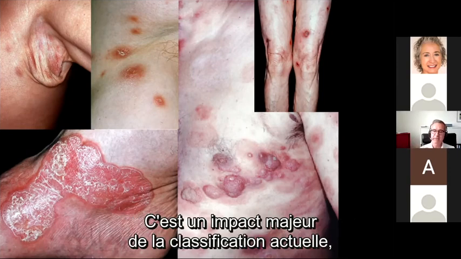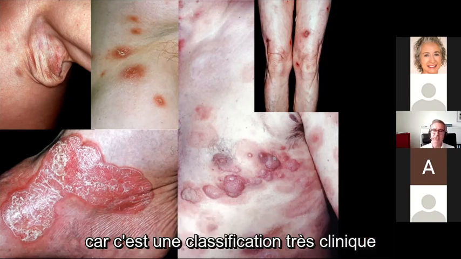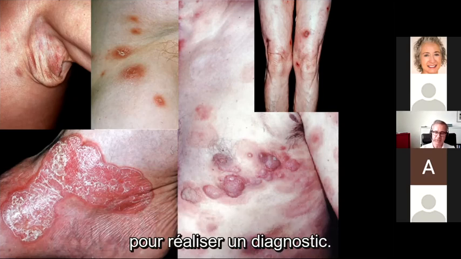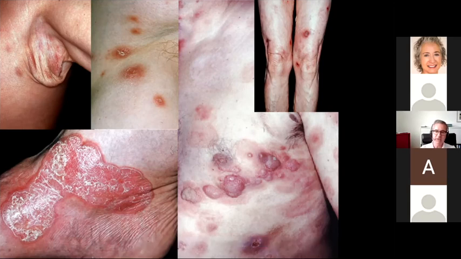And that has been the major impact of this current classification, because it is a heavily clinical classification.